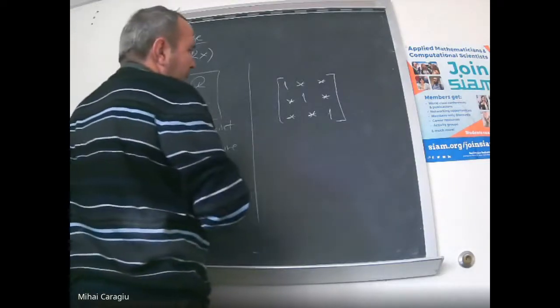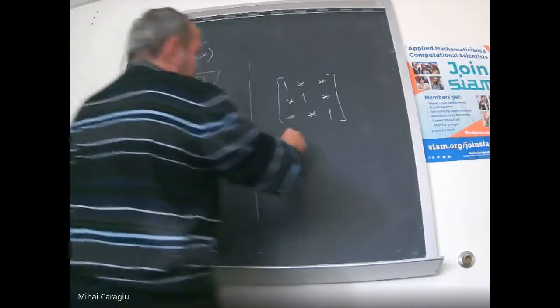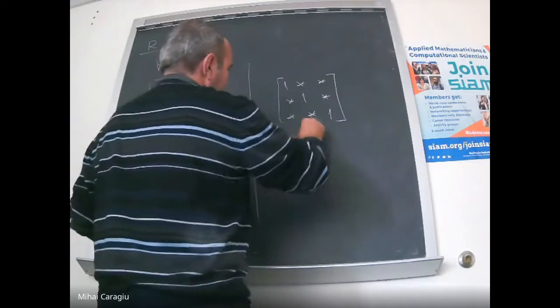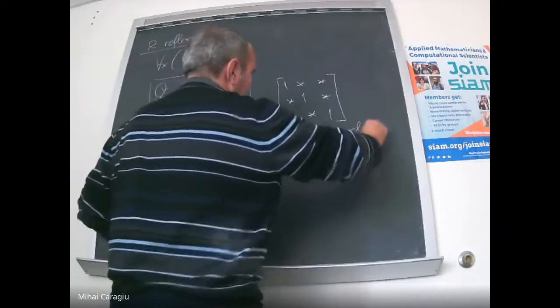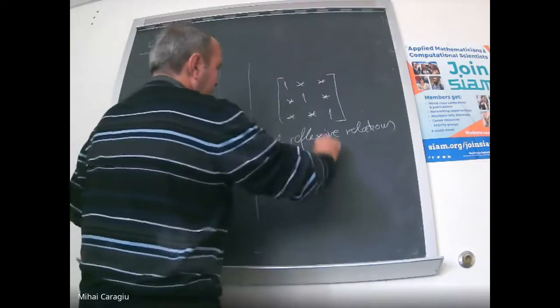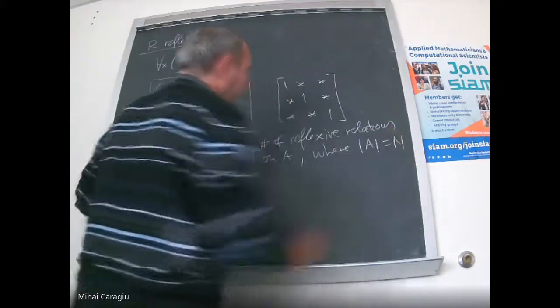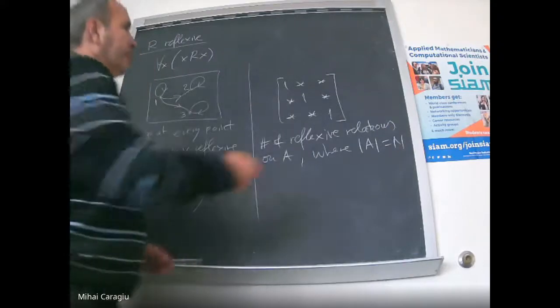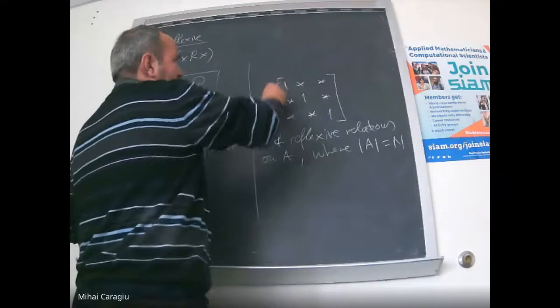So speaking of this representation, we can make a quick count of the number of reflexive relations on a set A with n elements, where n is the number of elements of A. We have to look at those matrices. That would be n by n. Let's say 3 by 3, but imagine we have n by n.